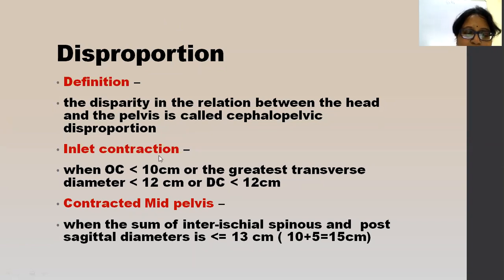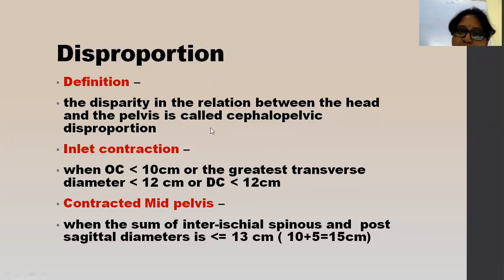If there is an inlet contraction, that is when the obstetric conjugate is less than 10 centimeters, or the greatest transverse diameter is less than 12 centimeters, or the diagonal conjugate is less than 12 centimeters, then there is always a disproportion.